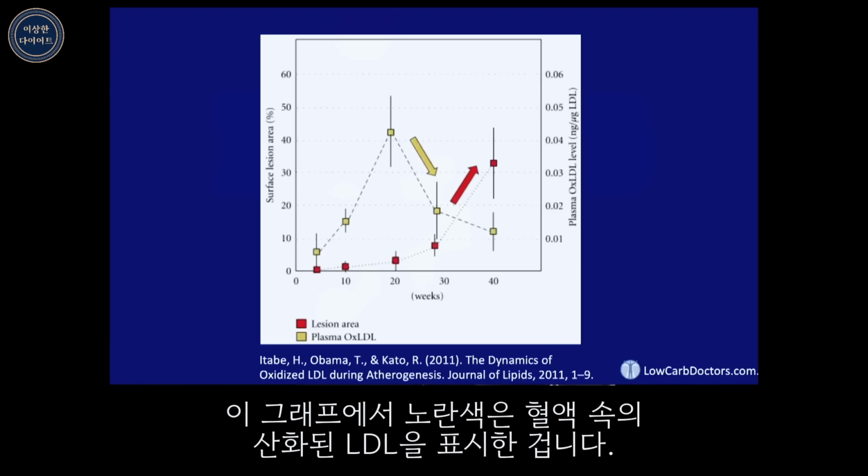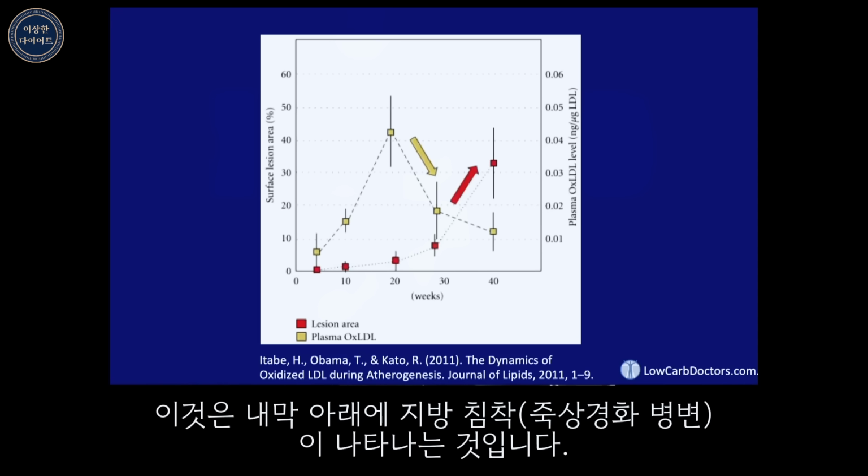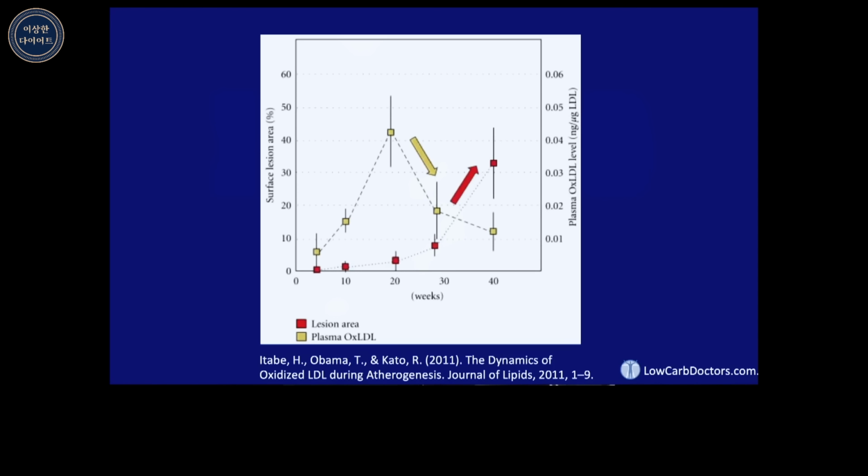And we can see from this graph here, so in yellow here, we're graphing oxidized LDL in the circulation. And you can see that an increase in oxidized LDL is what actually precedes the development of this atheroma inside the blood vessel, which we can see in red. As you take the oxidized LDL out of circulation, it ends up deposited in the lining of the blood vessels.